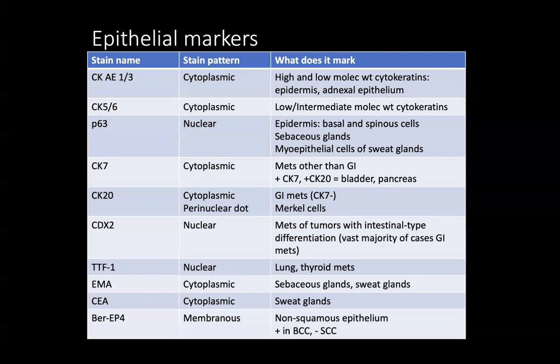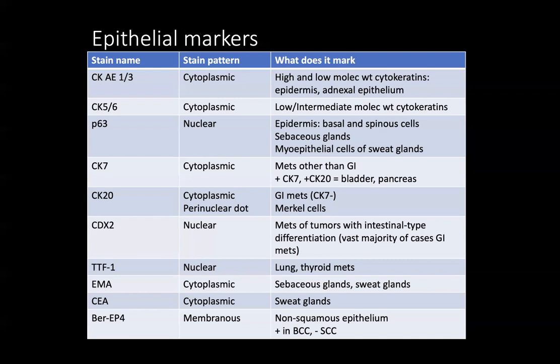So it marks the epidermis, it marks adnexal epithelium, including follicles and glands. And this is helpful if you're just trying to screen for some type of squamous cell carcinoma in the dermis, and you want to make sure that there are no spindle cells that are making keratins and things like that. So AE1/AE3 is a very good broad screen.